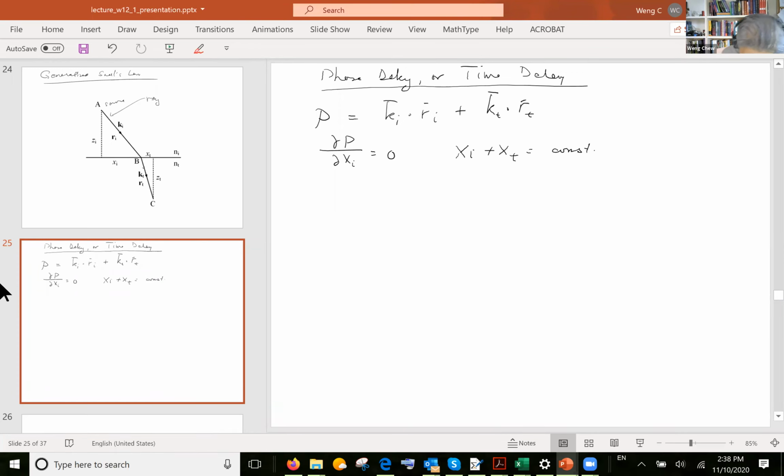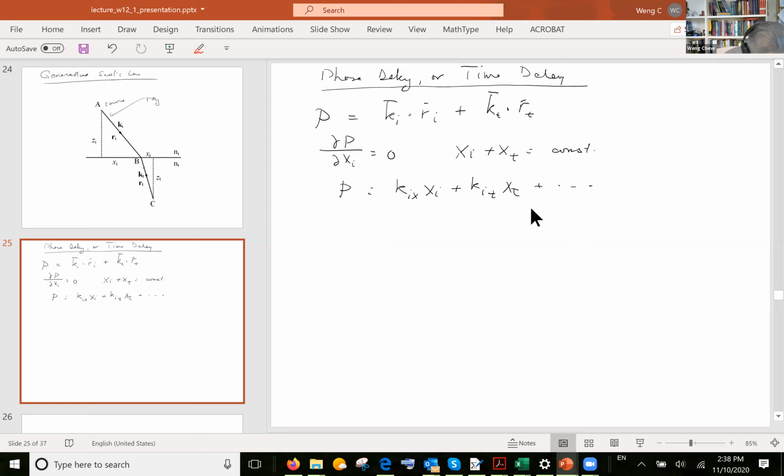It's a constant because xi is this part of the length, xt is this part of the length. The total of them does not change. So the phase can also be written as kix xi plus ktx xt plus the rest. The rest does not depend on xi and xt. It depends on functions of y.